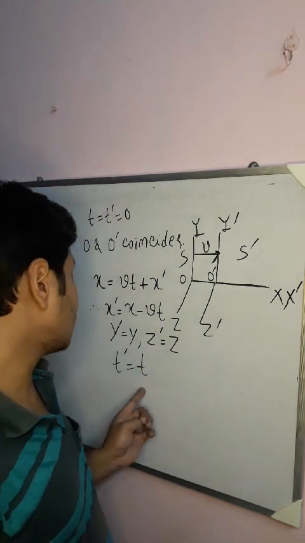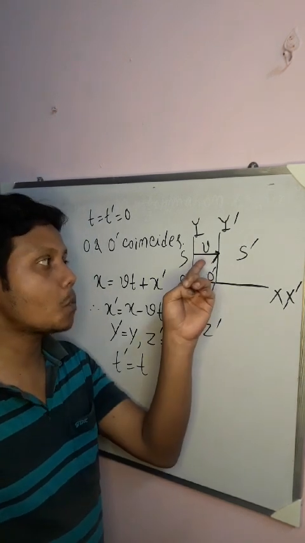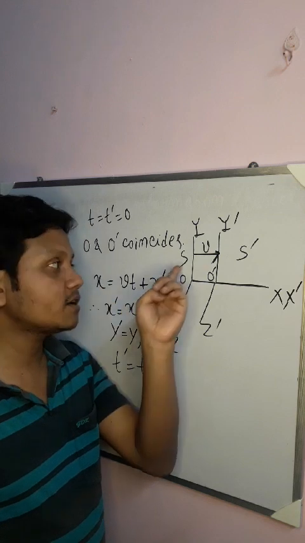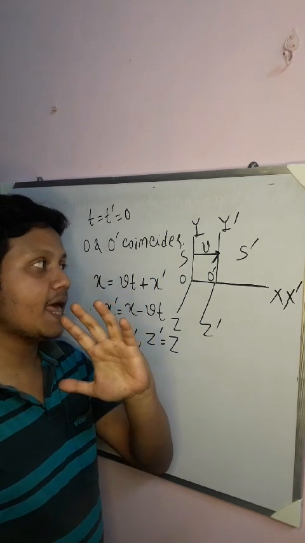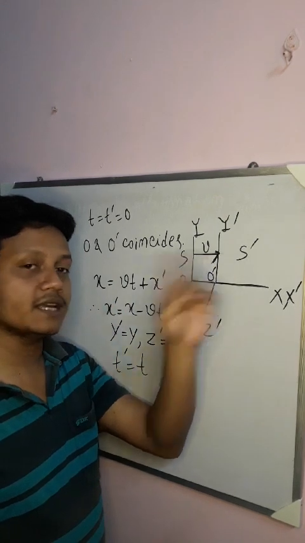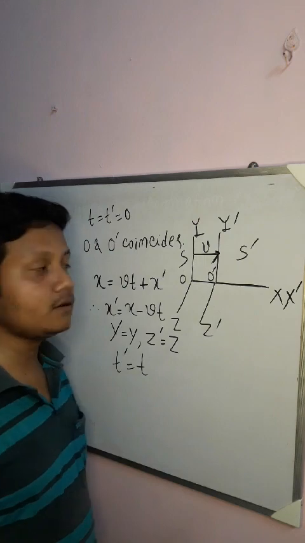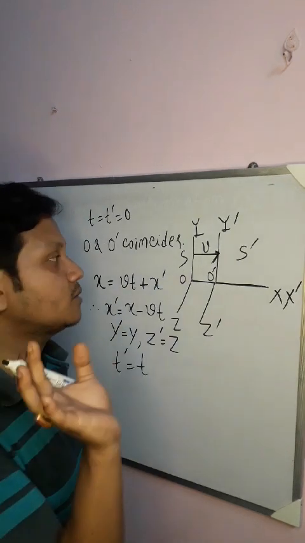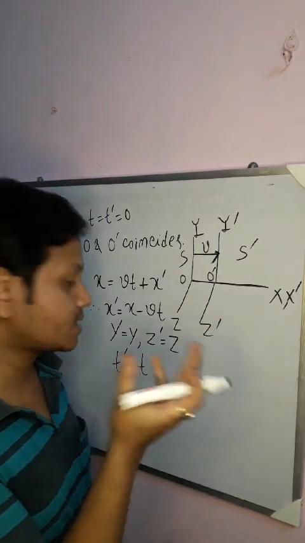Remember that here we assume the universal nature of time. That means a clock for an observer in the S frame measures the same time as another clock in the S dash frame. Both the times are equal. If a clock measures a particular time in the S frame, then another clock in the S dash frame will also measure the same time.